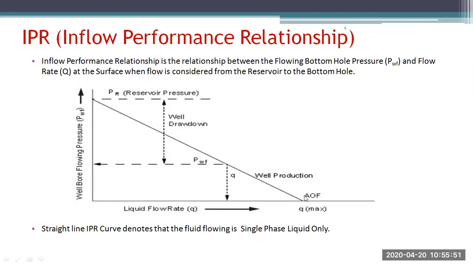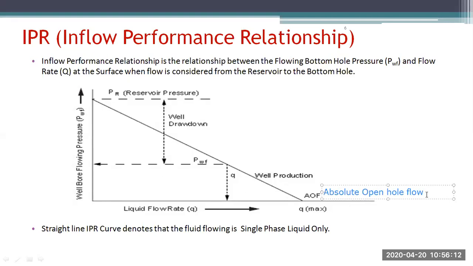Now, one more concept is there, which is AOF, known as absolute open hole flow. Okay, so if I say this one, this is the absolute open hole flow, this AOF. Now what does AOF mean?